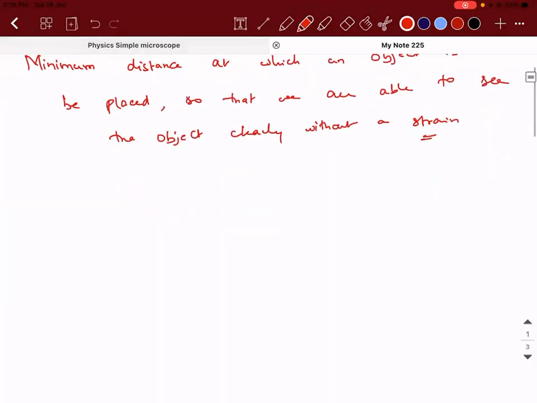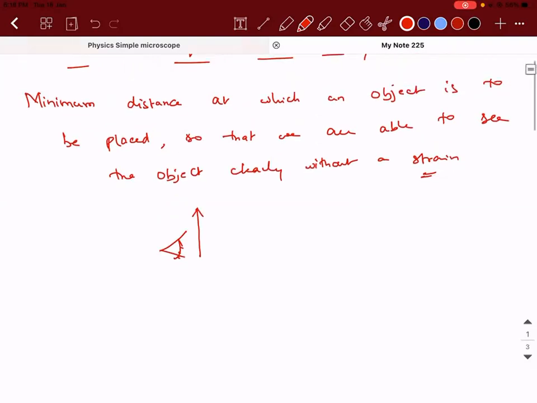What I'm trying to say here is, suppose you have a pen in your hand. This is your eye. If you keep the pen this close, you can observe that there is going to be a strain in your eye.